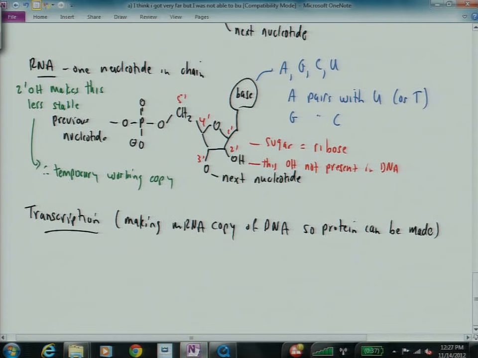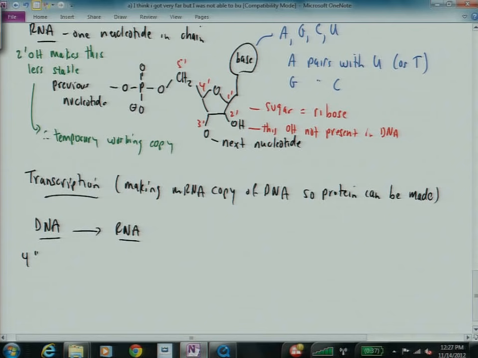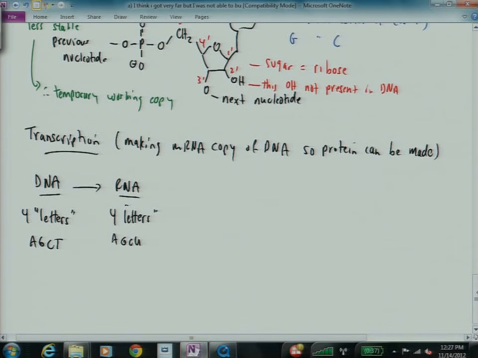So we're going from DNA to RNA. In DNA, there are 4 letters: A, G, C, and T. In RNA, there are 4 letters: A, G, C, and U. So the conversion is pretty simple. DNA is 2 strands. RNA is 1 strand.